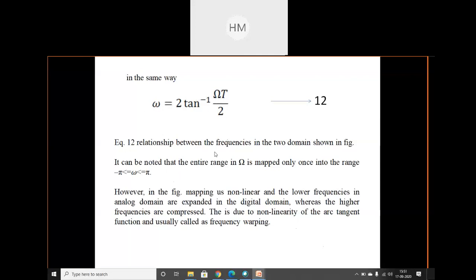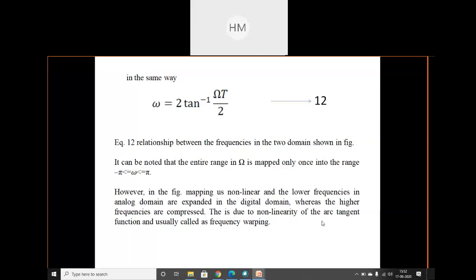It can be noted that the entire range in ohm is mapped only once into the range minus pi to pi. Ohm is your analog domain, and the mapping is done to omega, the digital domain. However, in the figure, the mapping is non-linear, and the lower frequencies in the analog domain are expanded in the digital domain, whereas the higher frequencies are compressed.